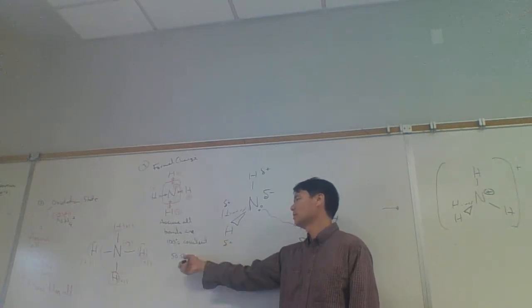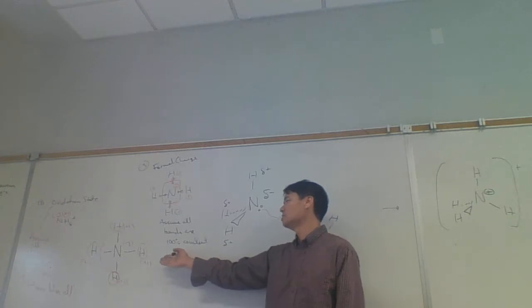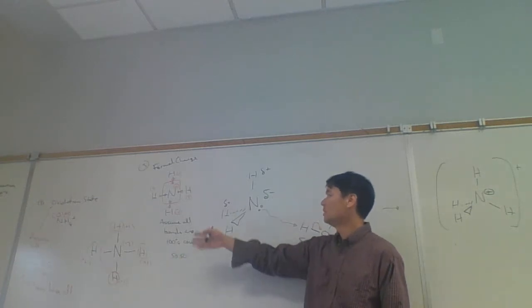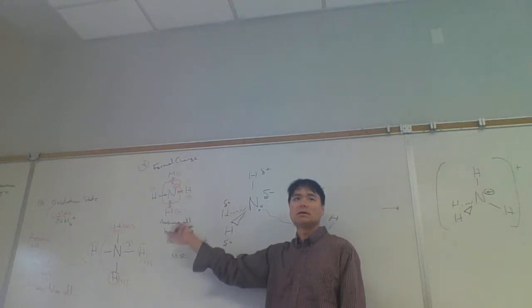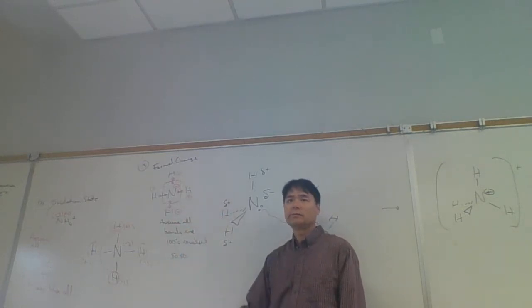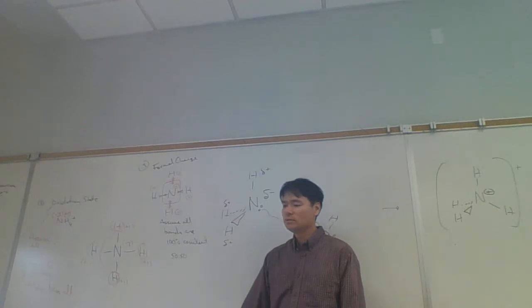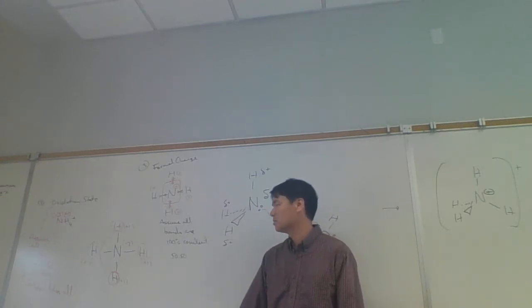But if we try to compare them like this, why does nitrogen have a -3 here and a +1 here? It's totally different charge. And the way you reconcile it is we don't compare these two numbers. They're used for different references, and they're used to predict different things as far as the properties go.